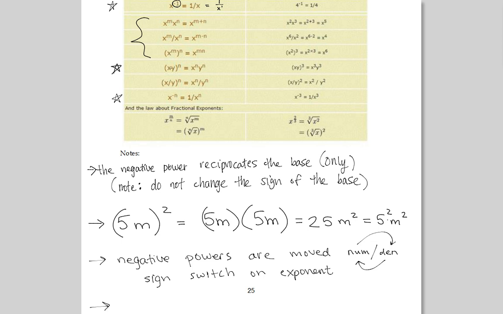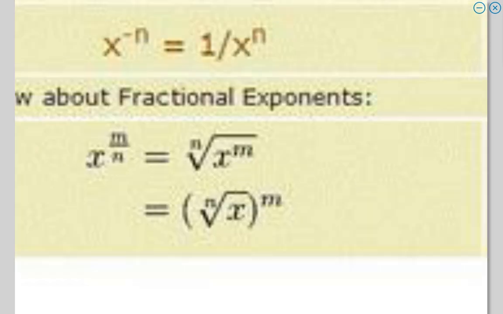Okay, and the last one we'll talk about is what happens if your power has a fraction. Now, if your power has a fraction, the denominator of the fraction goes to the index. So the denominator of the fraction becomes the index on the radical.